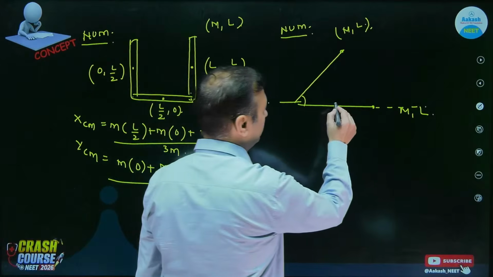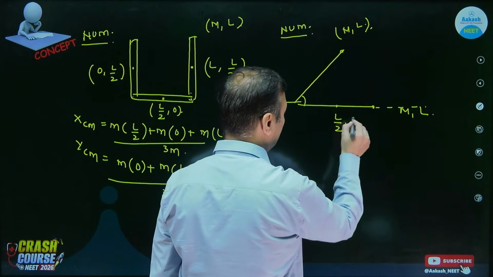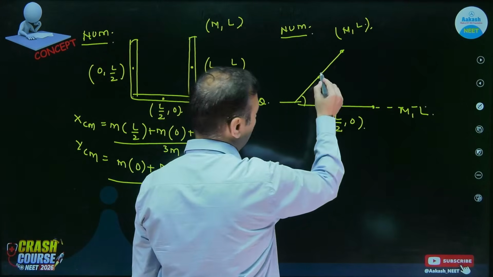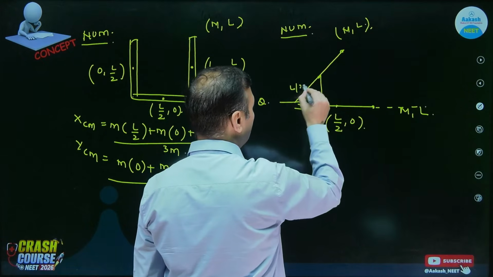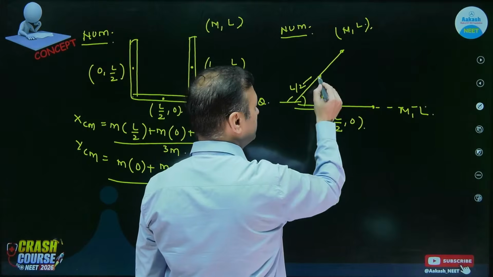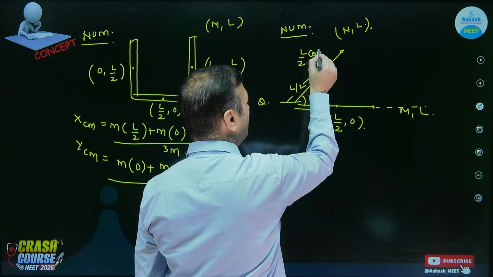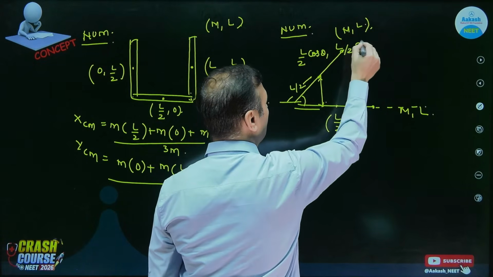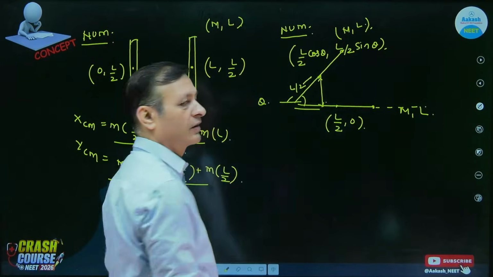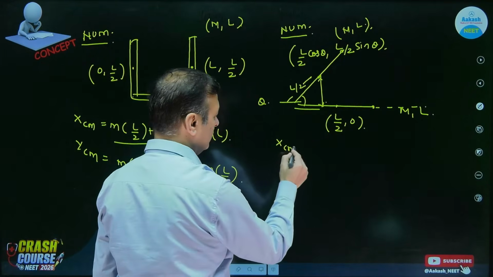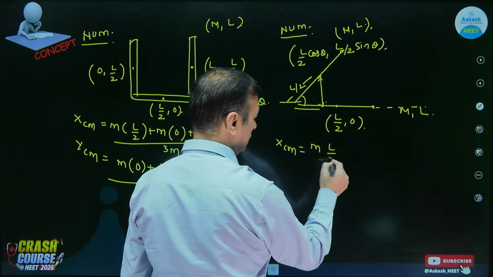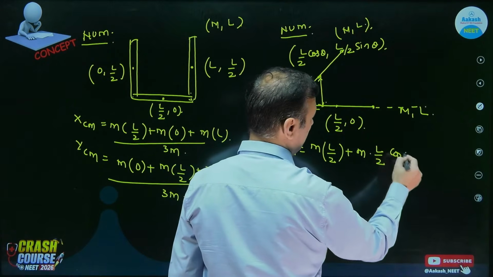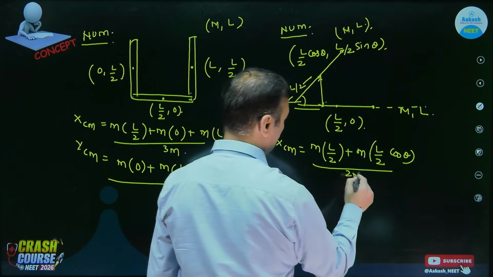Now again for this one, its x coordinate, its y coordinate. Now its center of mass is at this position. Now let's define its x coordinate. So if this is L by 2 and this angle is theta, so its x coordinate is L by 2 cos theta and its y coordinate is L by 2 sin theta. Got it? So now for the x coordinate of the center of mass, m1 x1, m2 x2 by 2m.